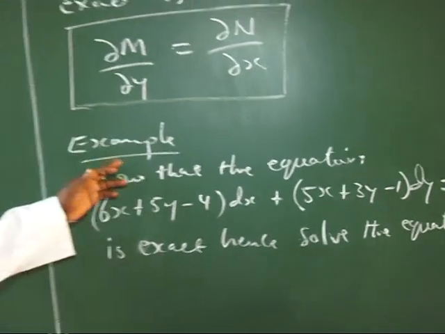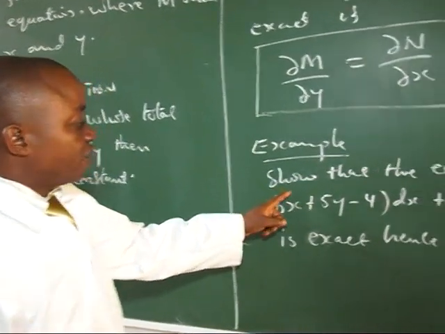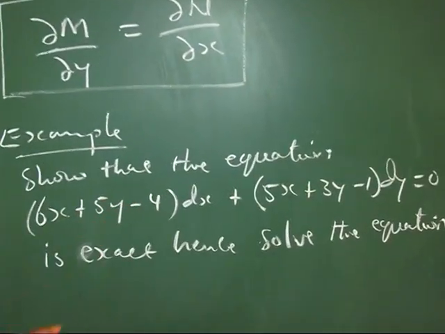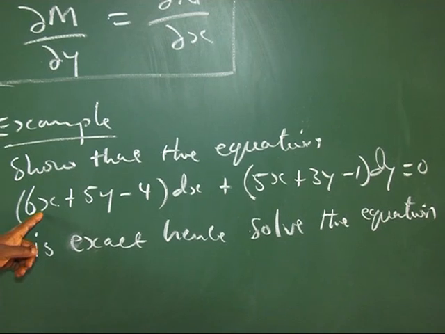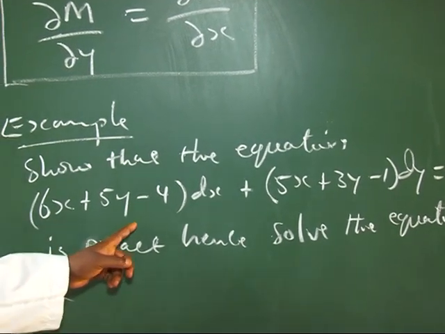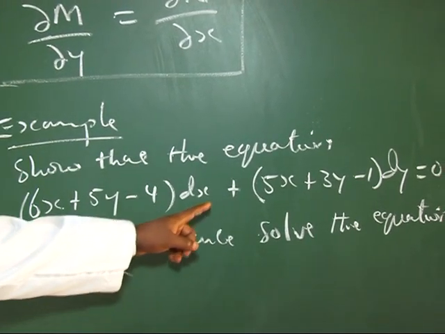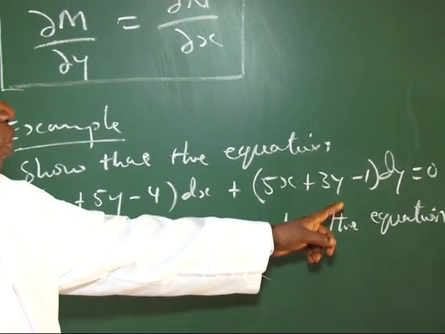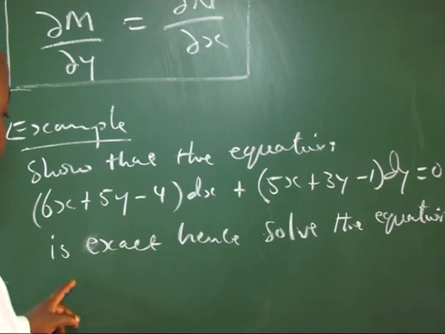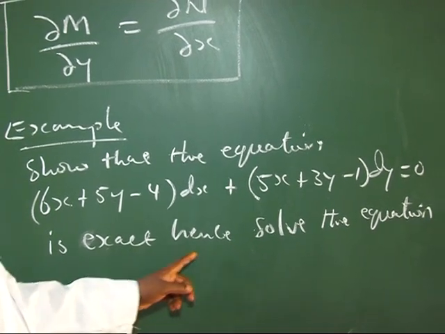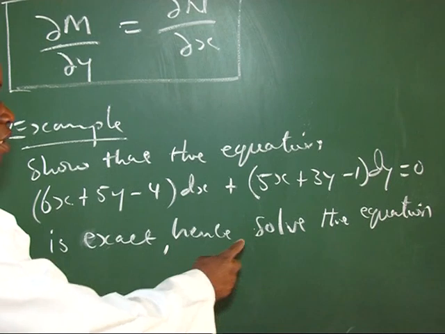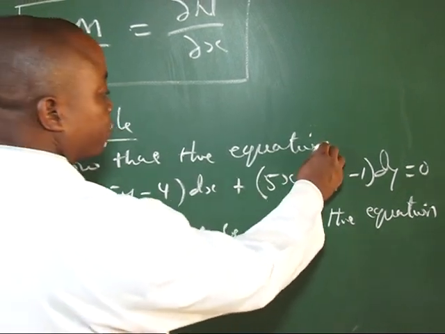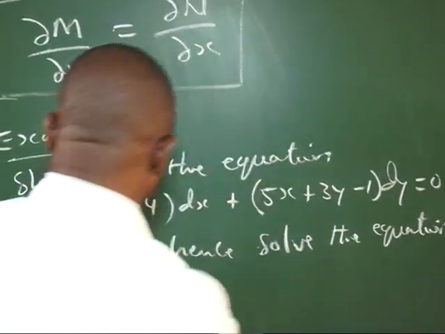So, let's look at this example. Show that the equation (6x plus 5y minus 4) dx plus (5x plus 3y minus 1) dy is equal to 0 is exact. Hence solve the equation. Alright, so let's pick the solution.